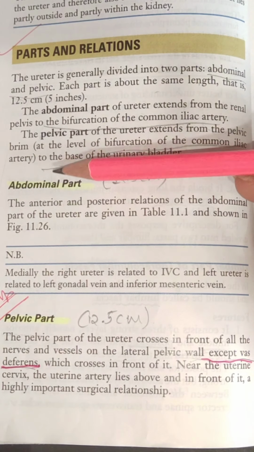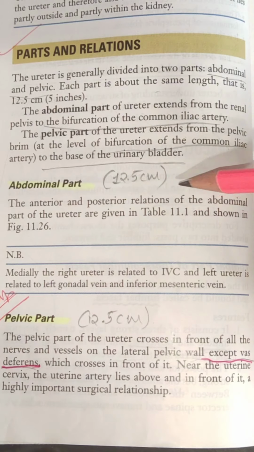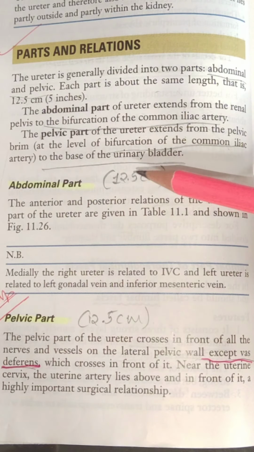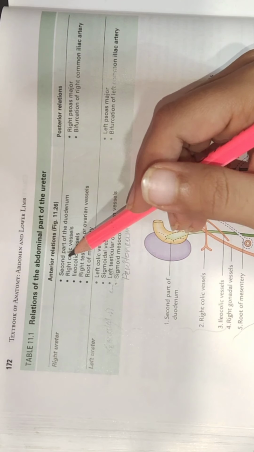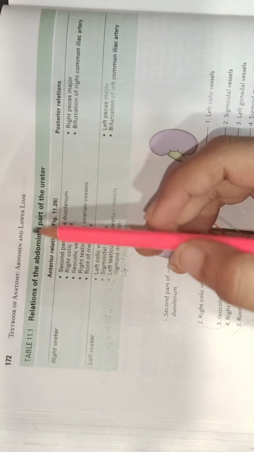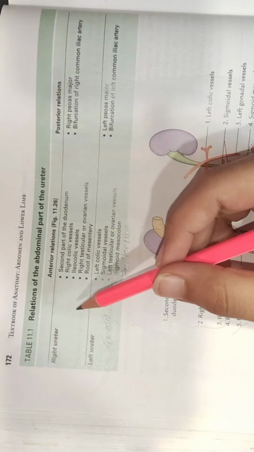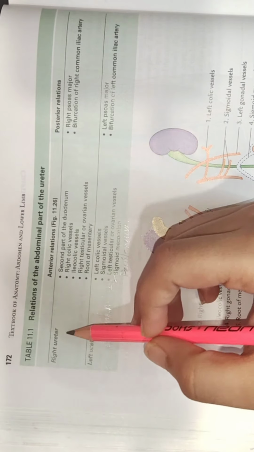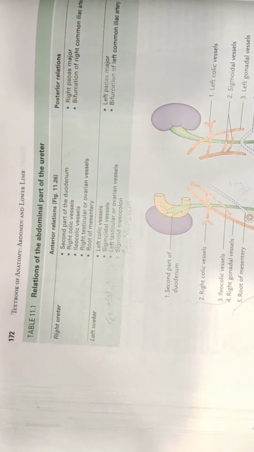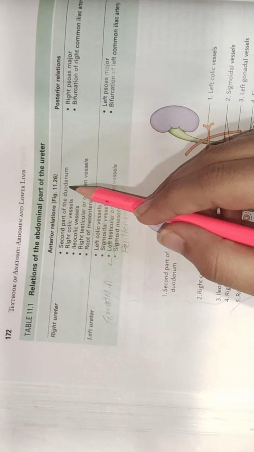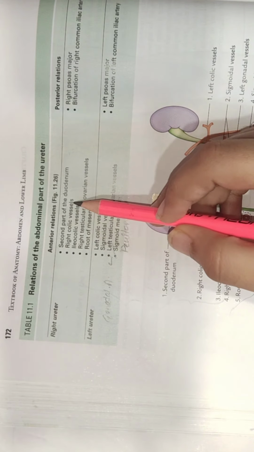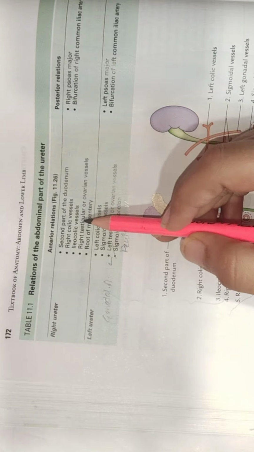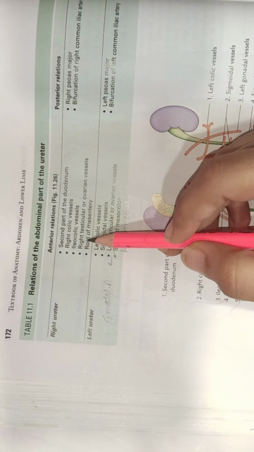Now we'll see the anterior and posterior relations of the abdominal part of the ureter. As you can see in this table, here are the anterior and posterior relations of both the right and left ureter. First we look at the right ureter's anterior relations. It includes the second part of the duodenum, right colic vessels, ileocolic vessels, right gonadal vessels and the root of the mesentery.